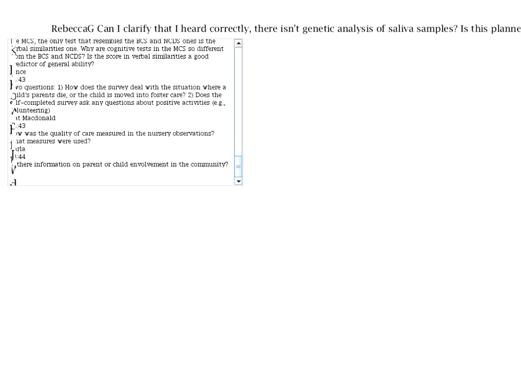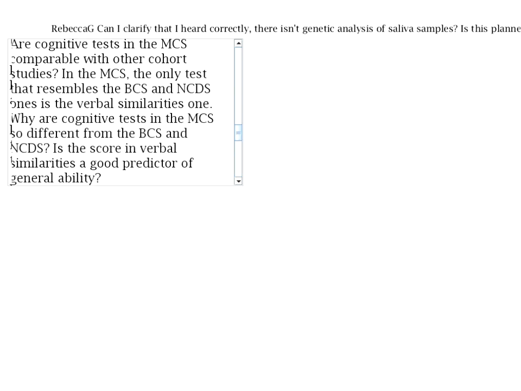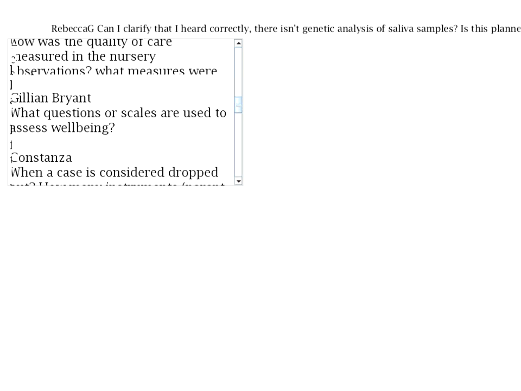There's a question about what percentage of respondents provided consent for admin data linkage generally. Actually it depends on which domain. In education it's about 90 to 95%. For economic records it's about 70%, a little bit more. So it really depends on the domain.